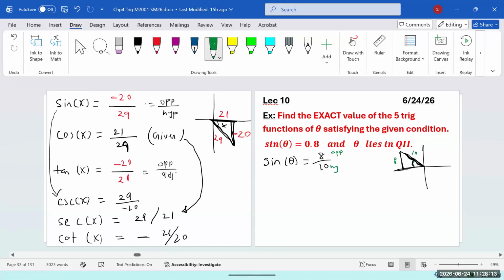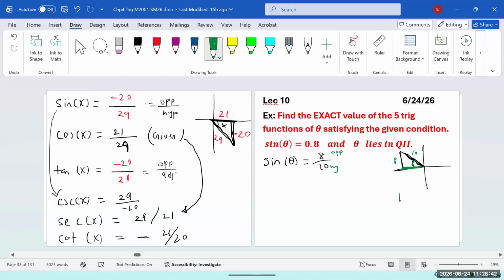Now we have two sides of our triangle. Can you find the missing side of the triangle? How can we find it? By the Pythagorean theorem. So either you can do the complete work, a square plus b square equals c square, and then solve for that, or just know that this is the hypotenuse square minus the side square.